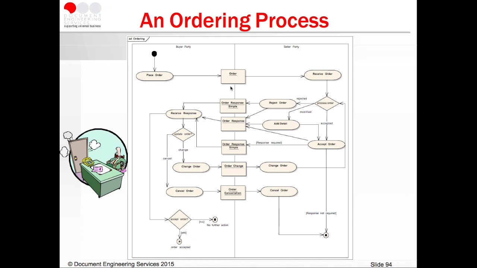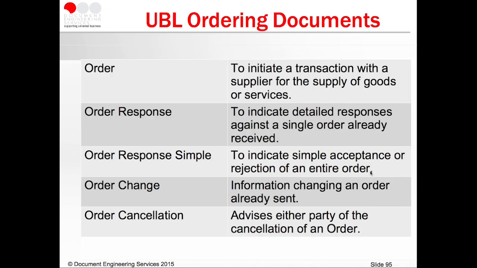And the documents in the rectangular boxes here are the documents provided by the UBL standard. So we can see there's an order response. In fact, there are two order responses. One, which we refer to as order response simple, is a simple acknowledgement. The order has been received and accepted, or it's been rejected.